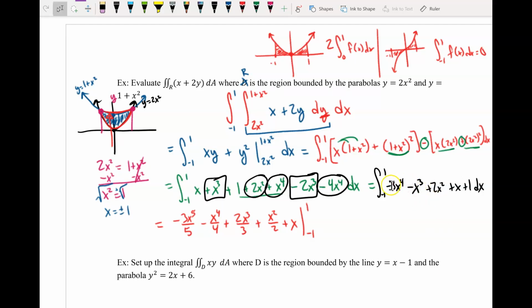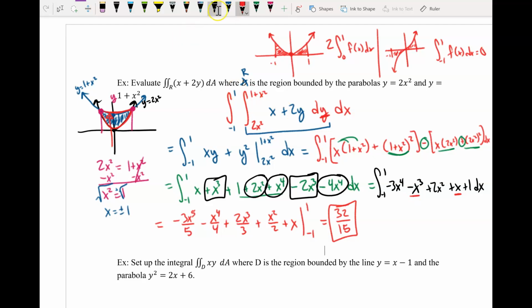So for example, this one would go away, and this one would go away. You just take the integral of the other terms and then double them. Once you do all of that, you're going to get 32/15. Okay, so again, these are not the most fun problems, but you can definitely do it.